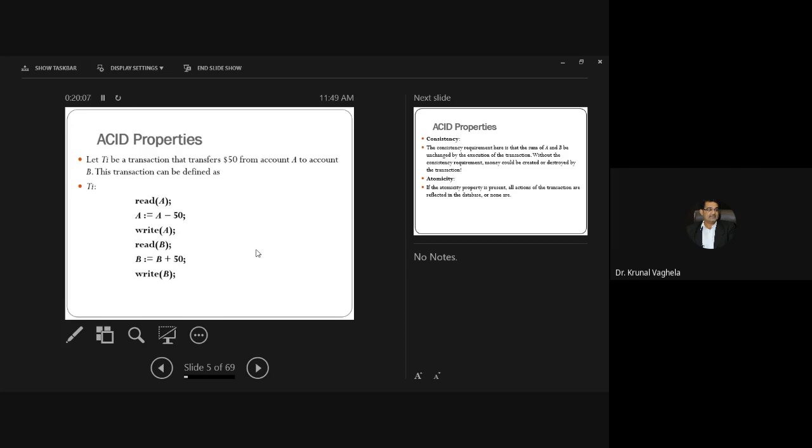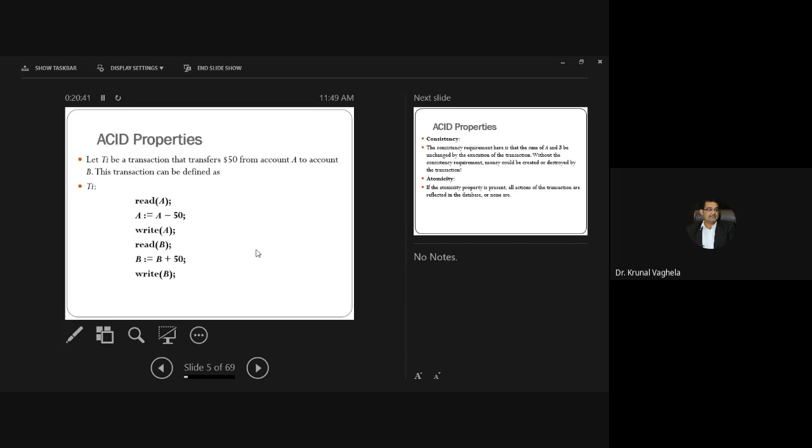After the transaction, 2000. Now consider the database fails here. What is the total after the transaction? The transaction finished here. What is the total? 1950, because this is debited, so 1000 becomes 950. But it is still not credited, so it is 1000 only. So 1000 plus 950, 1950. This is an inconsistent database.